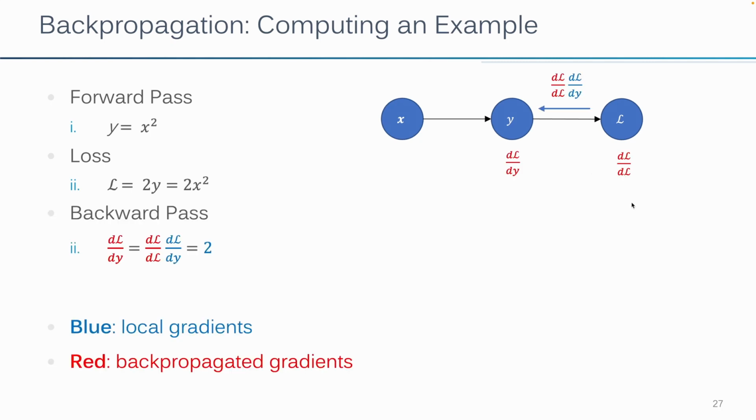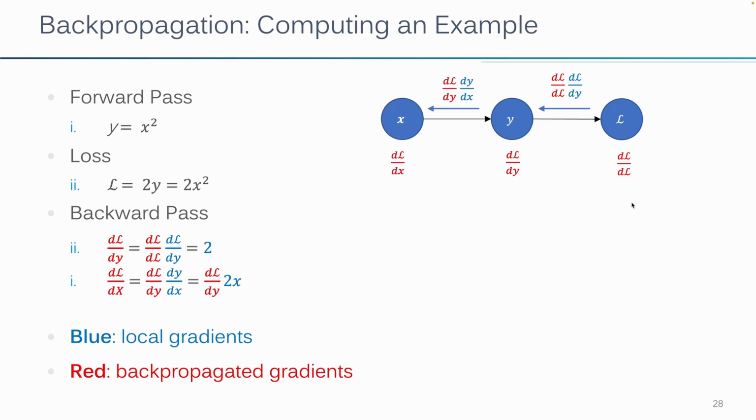So the first thing we do is we compute the loss in accordance to y. And that's basically dL by dL, which is 1, times dL by dy, which is then 2, because the derivative of 2y according to y is 2, right? Because then y transforms to 1, and we just leave there with a 2.